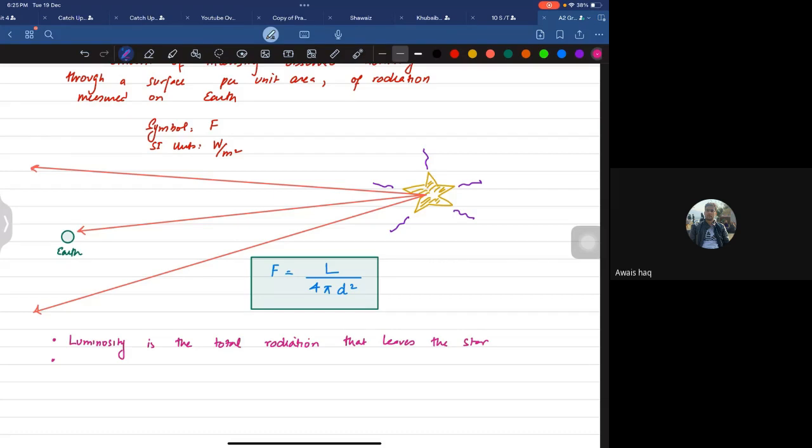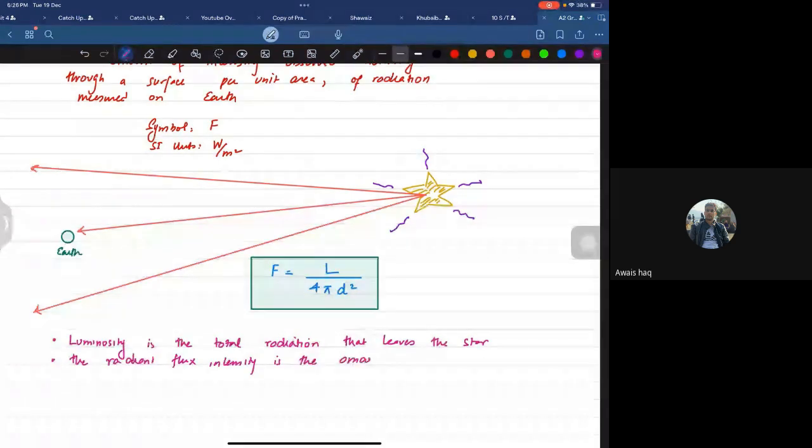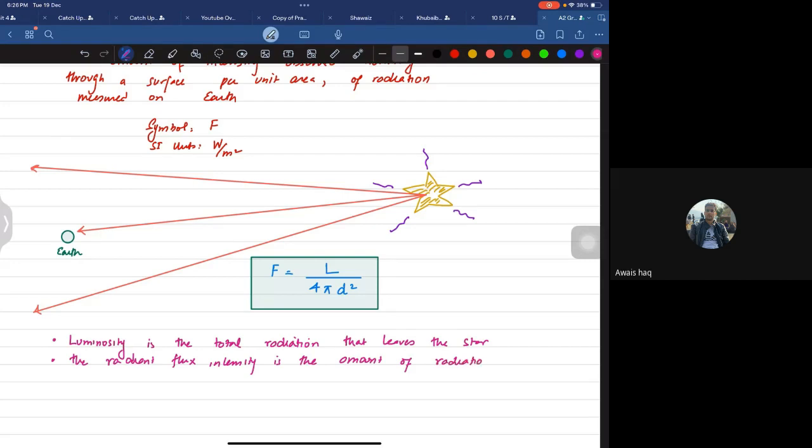Then the radiant flux intensity is the amount of radiation measured on Earth. Like that.